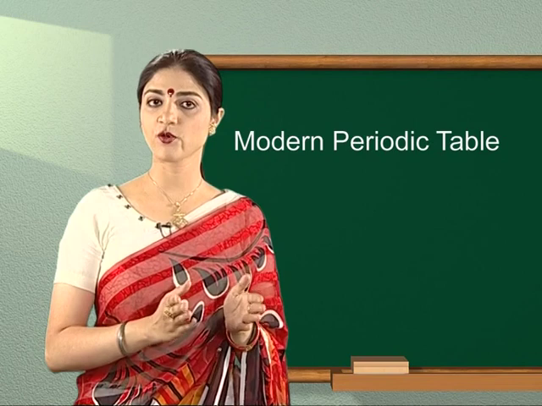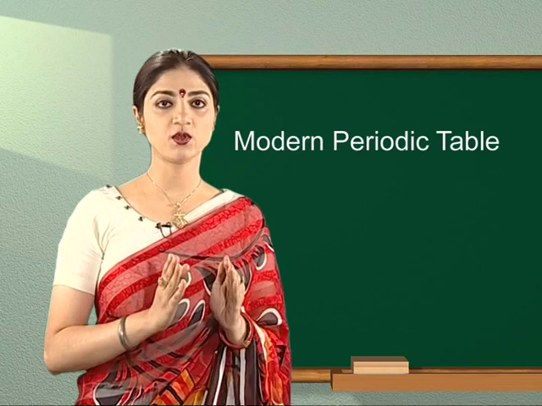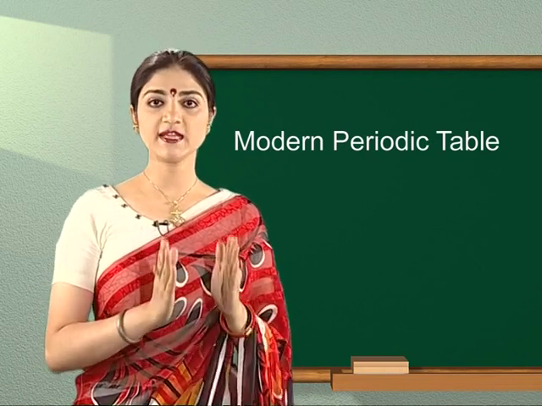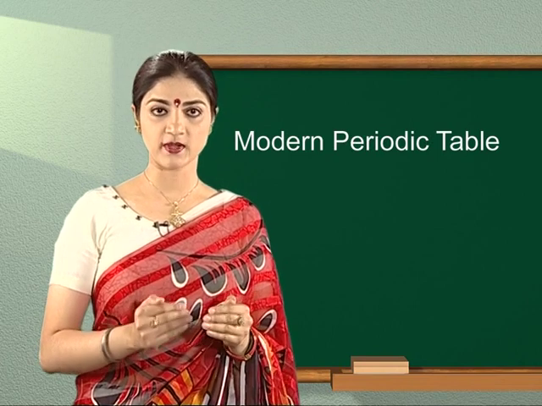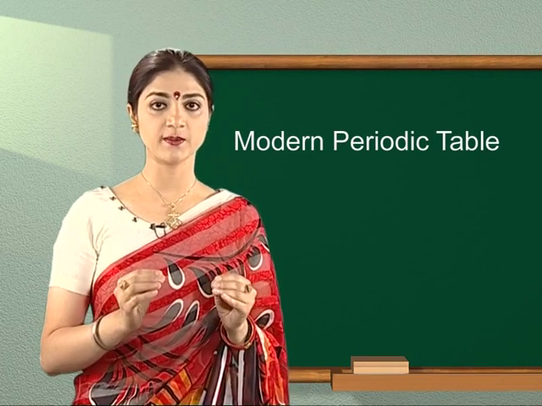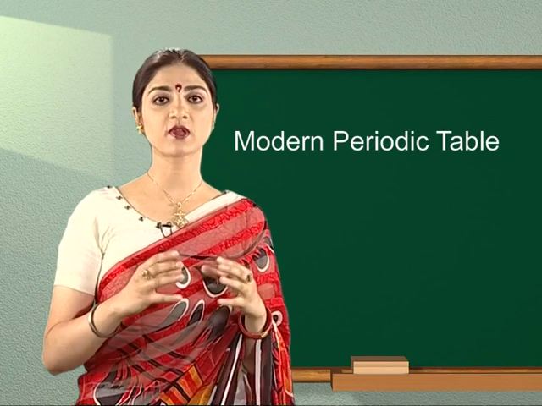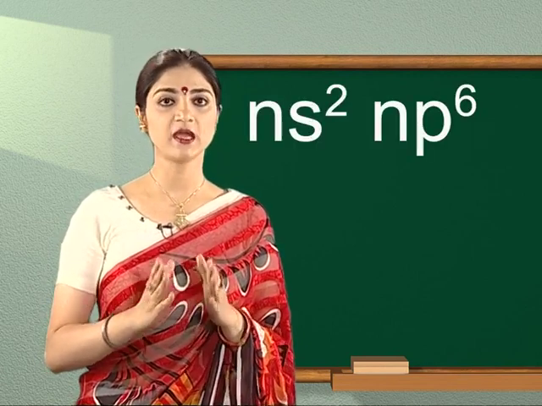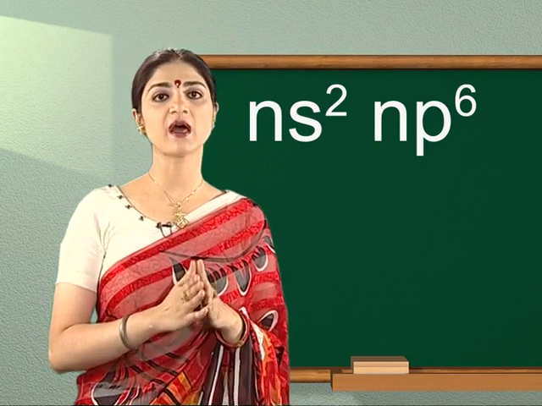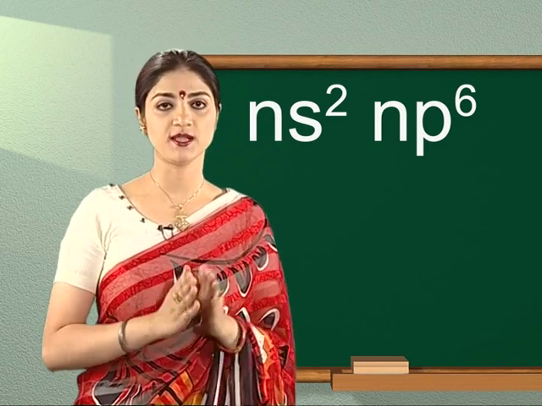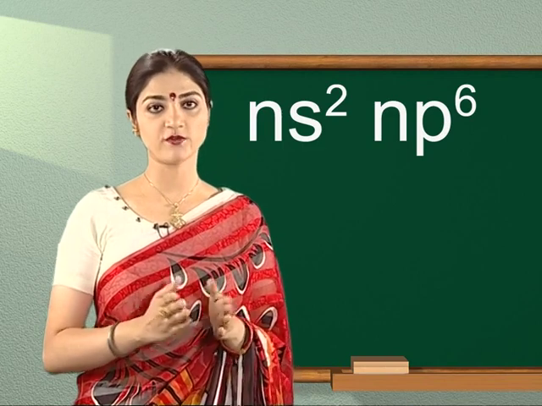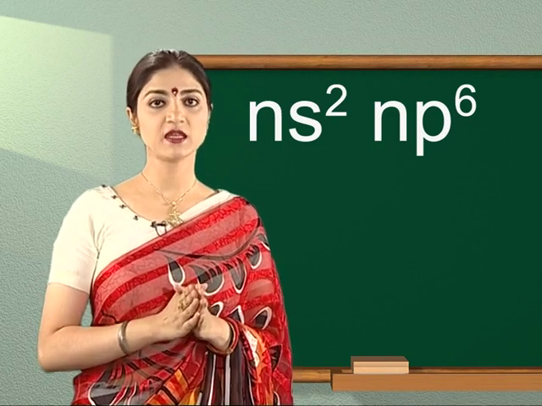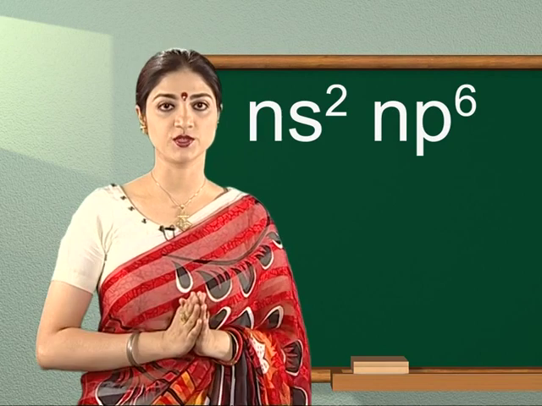The elements of group 18 are called noble gases. Each period ends in a noble gas except helium. All these elements have closed shell ns2 np6 electronic configuration in the outermost shell. Helium, however, has 1s2 electronic configuration.